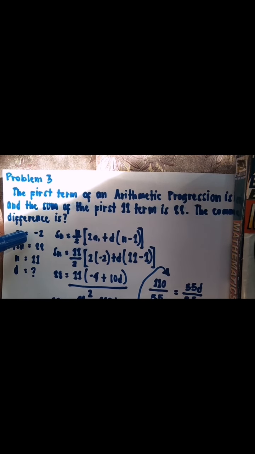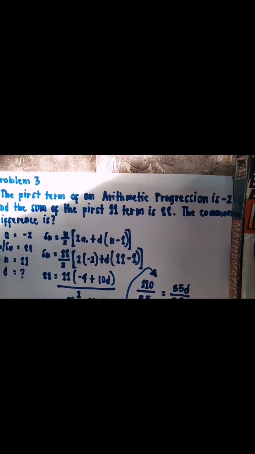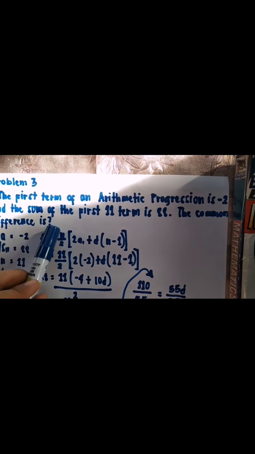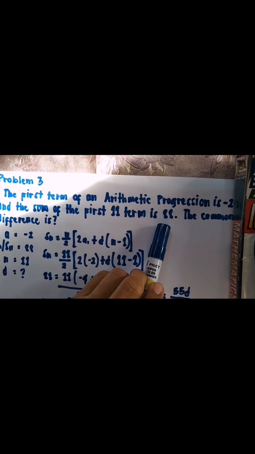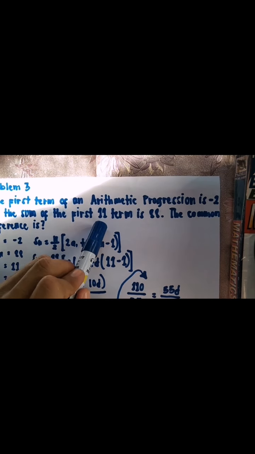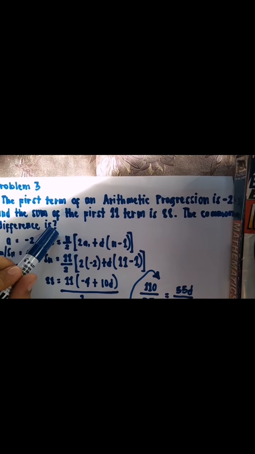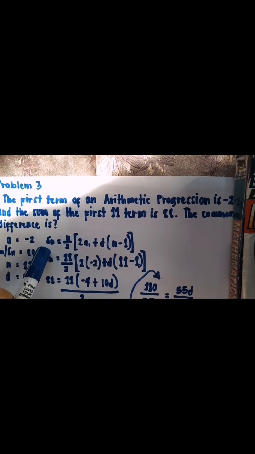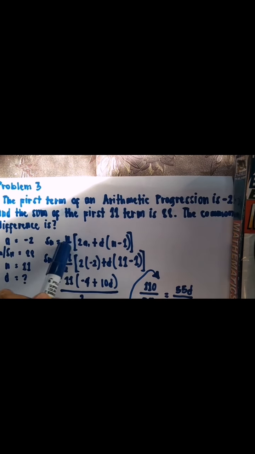Our a sub 1 is equal to negative 2, then S sub 11, the sum of the first 11 terms, is equal to 88, our n is 11, and d is our question mark. Again, we're using the arithmetic progression formula.